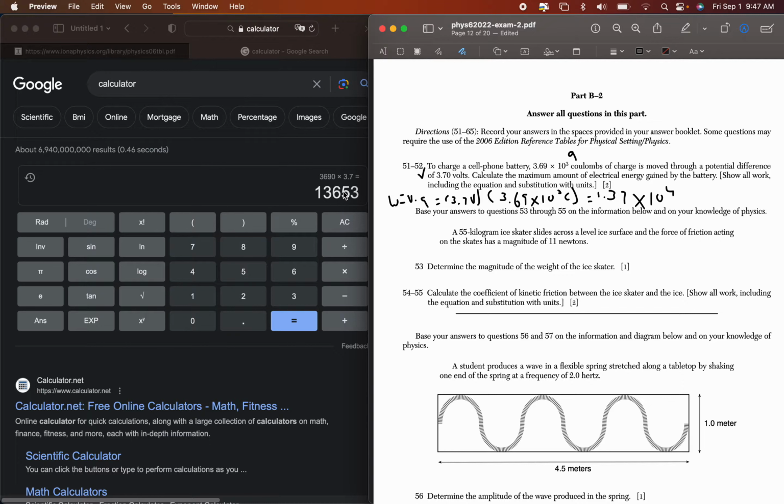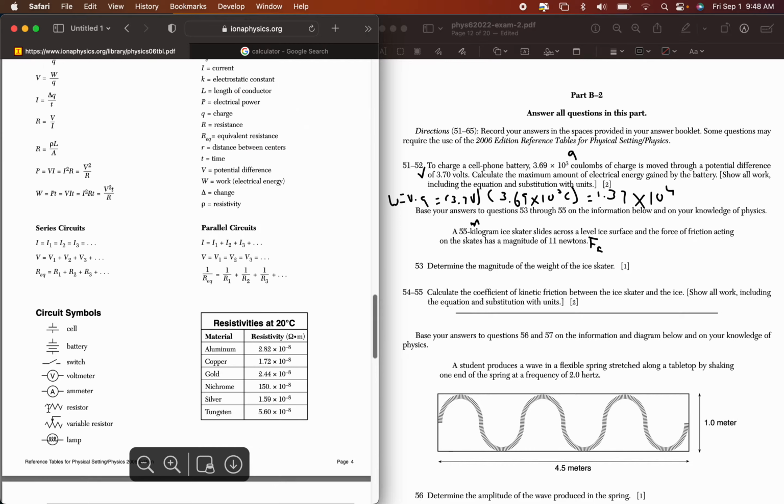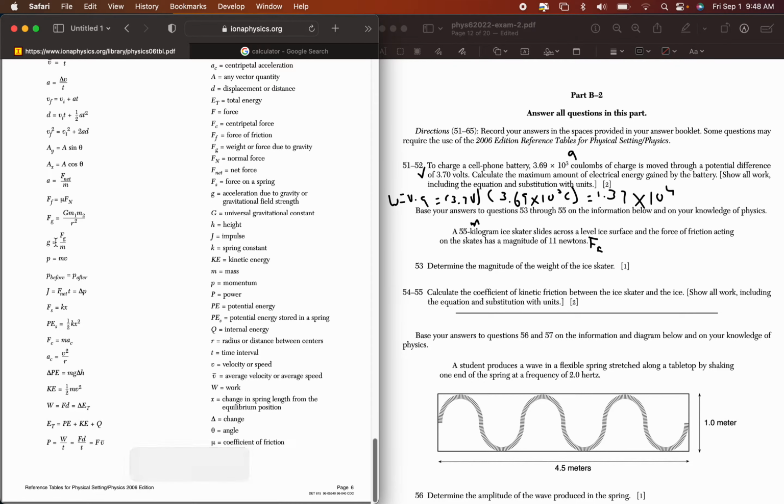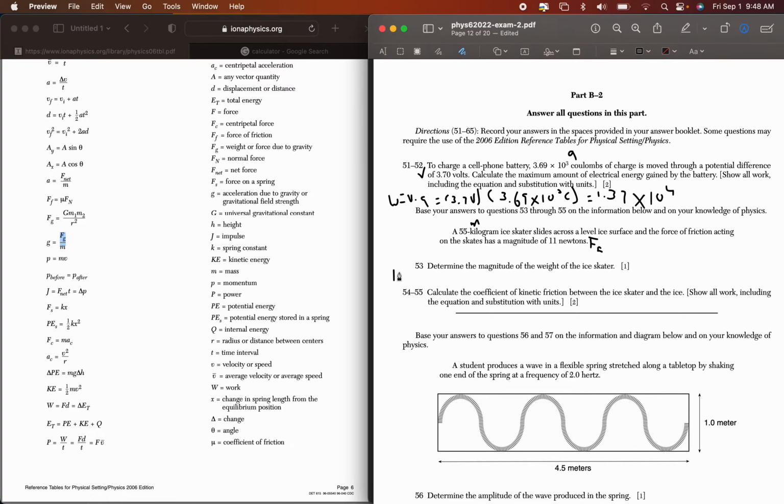Okay, a 55 kilogram ice skater slides across a level surface and the force of friction. Okay, so this is our mass. This is going to be our force of friction. Okay, determine the magnitude of the weight. So we have the formula right here. By now you should know this formula absolutely.